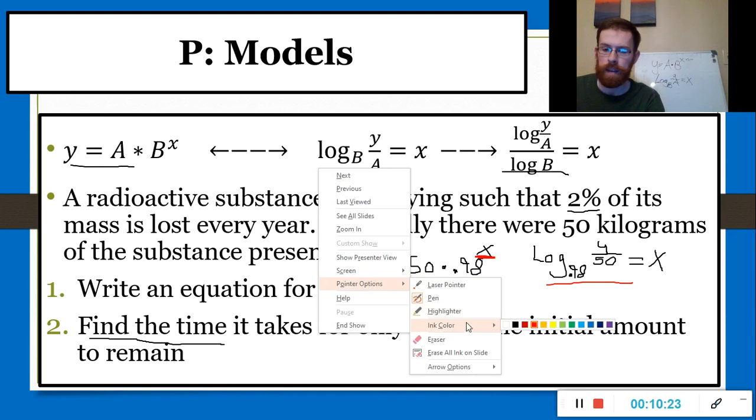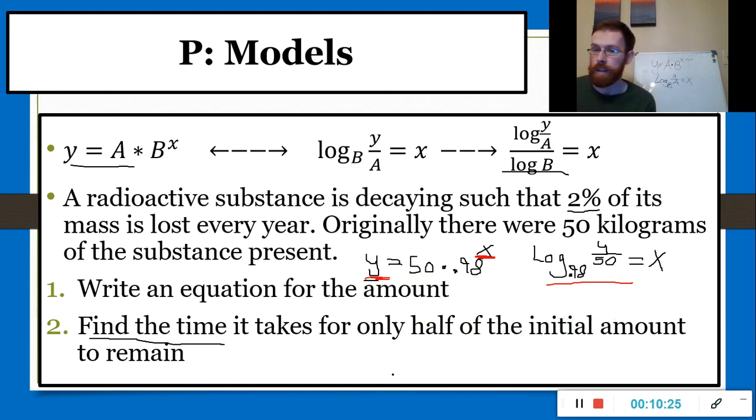You can control how much of a substance there is, so the substance is dependent. But can you control time? You can't control time. Time is independent, and we know that x is independent. We're trying to find that variable, so we have to use the logarithm.